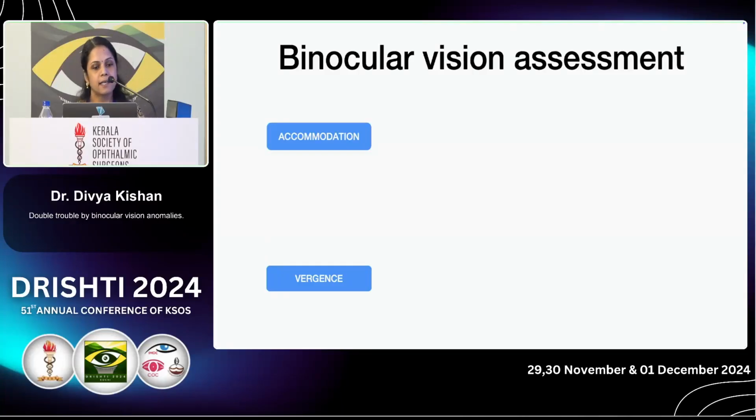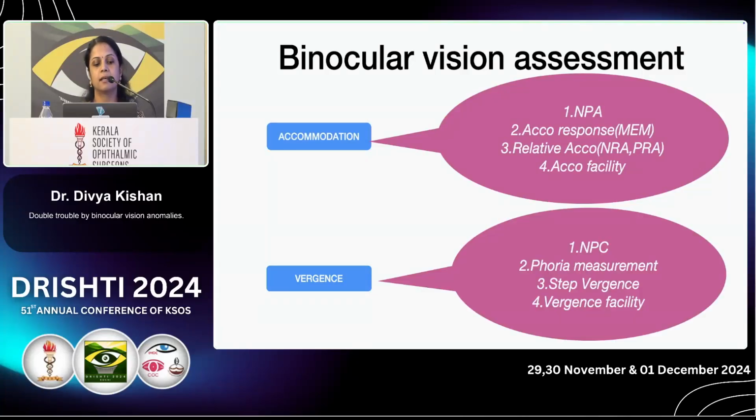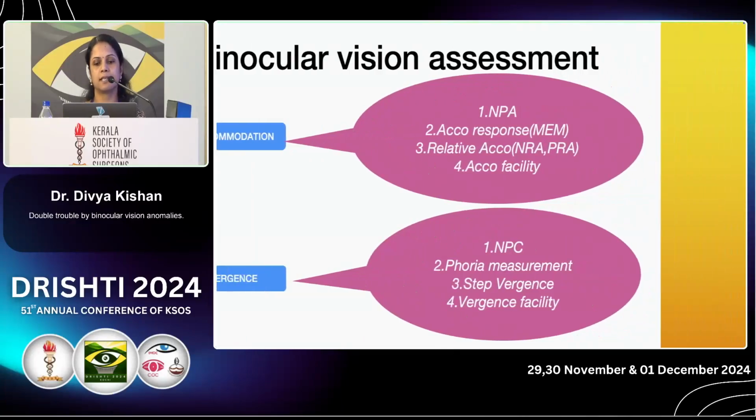A comprehensive evaluation of accommodation will include the near point of accommodation assessment, accommodative response using MEM retinoscopy, the relative accommodation, that is the NRA-PRA assessment, and accommodative facility assessment. The vergence ones include the near point of convergence, foria measurement, step vergence, and vergence facility assessment.